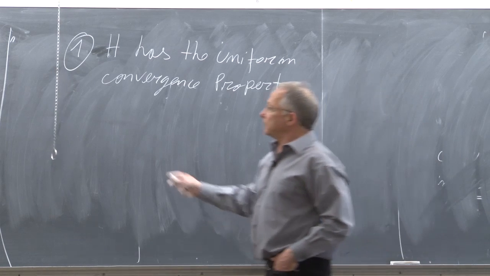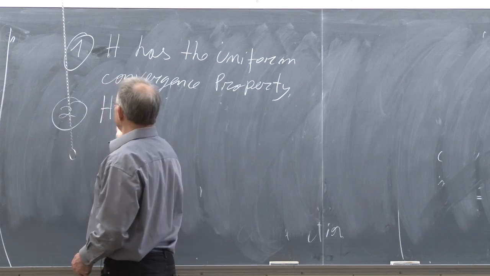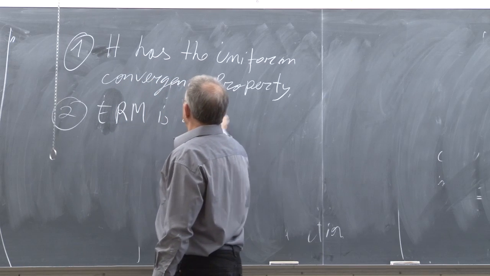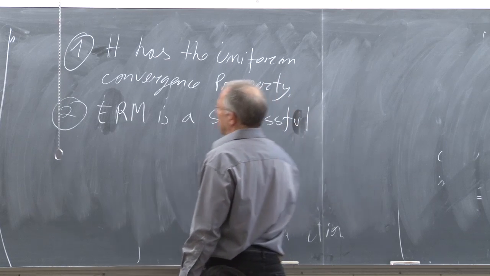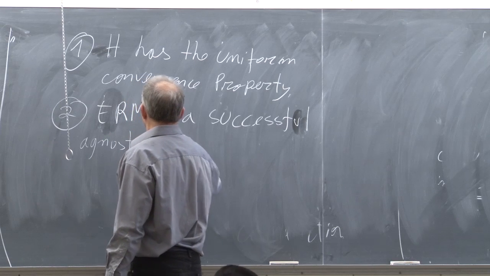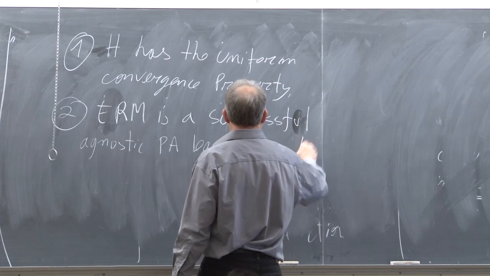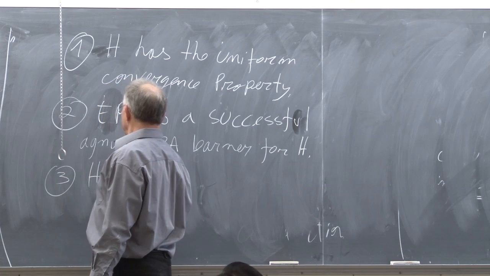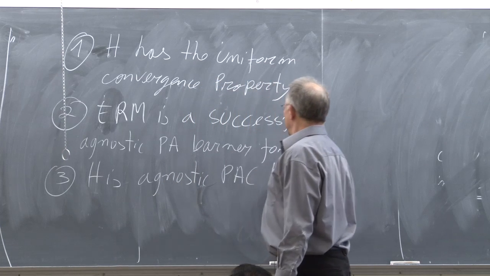Then my second condition will be H is ERM is a successful agnostic PAC learner for H. And statement 3 will be H is agnostic PAC learnable.